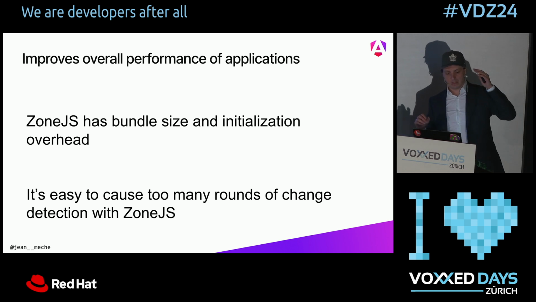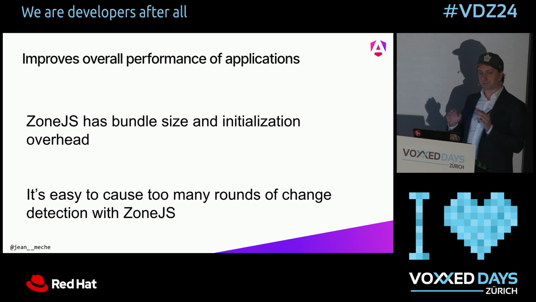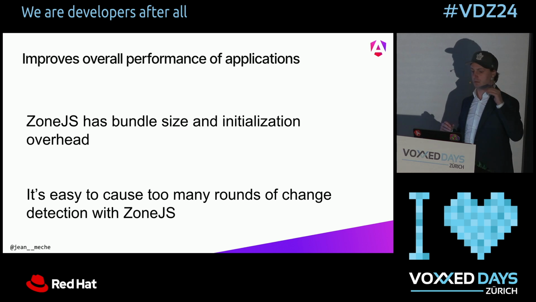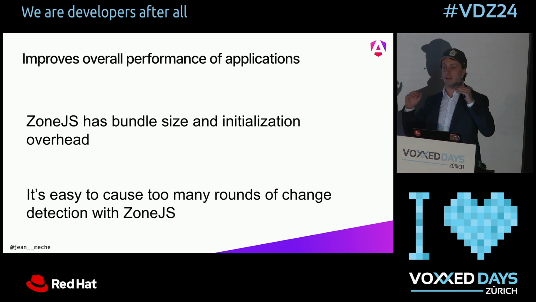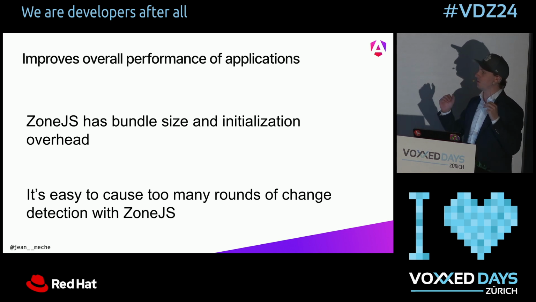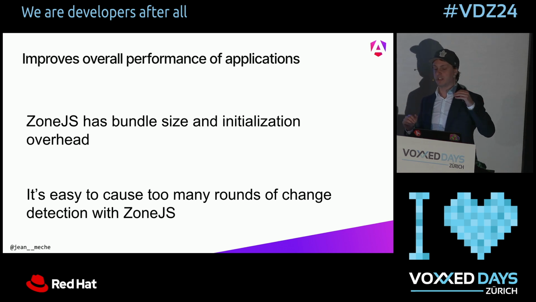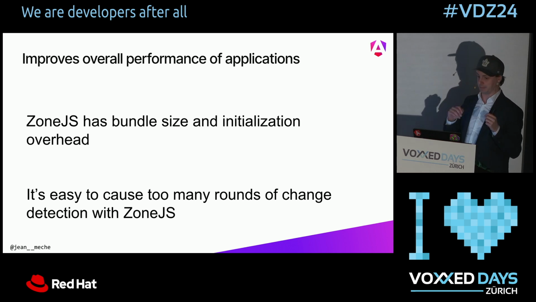We have to know that Zone.js has a bundle size and an initialization overhead. Zone.js is 30 kilobytes of data, 30 kilobytes that are eagerly loaded with your app that you cannot subtract. You need it to run it. So if you can remove Zone.js, you just remove 30 kilobytes of code, and that's actually kind of long to start.